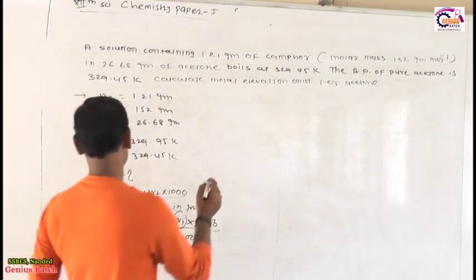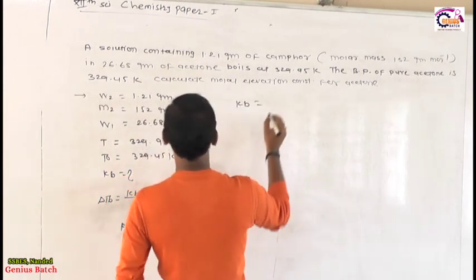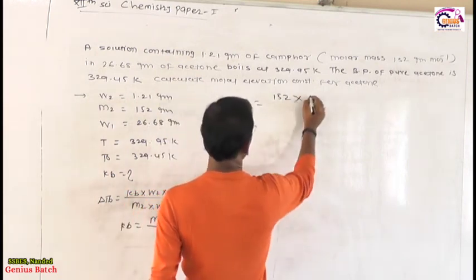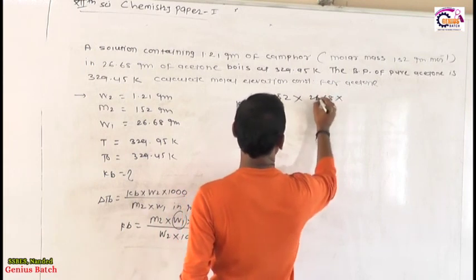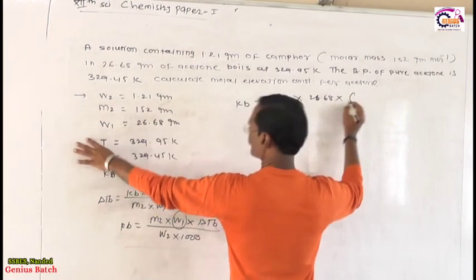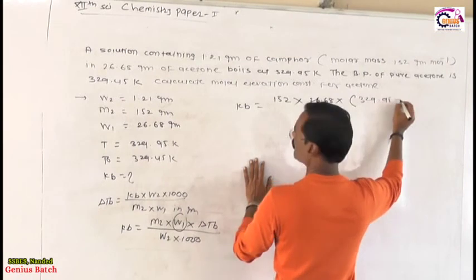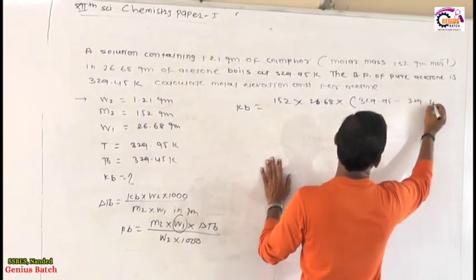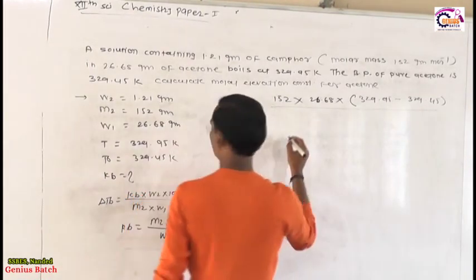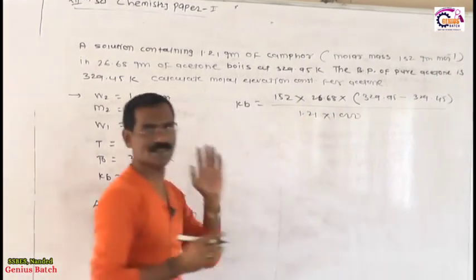So put the values in this equation. Kb is equal to M2, which is 152, into W1, which is 26.68, into delta Tb. You calculate delta Tb as T minus T0, that is 329.95 minus 329.45, divided by W2, which is 1.21, into 1000.